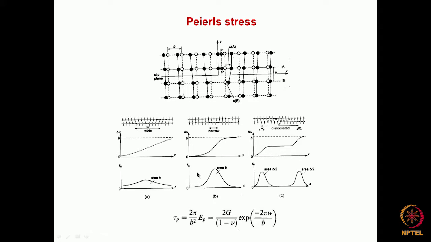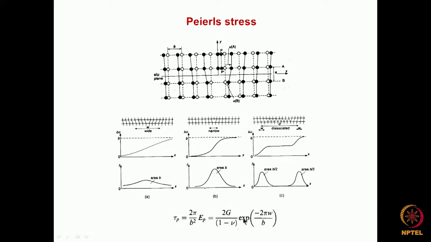If you try to calculate what the stress corresponding to this will be, then one can immediately get an expression of this type. The derivation part of it, I am just omitting. Essentially the stress depends upon the shear modulus and Poisson's ratio, in the 1 minus nu term, where nu is the Poisson's ratio.